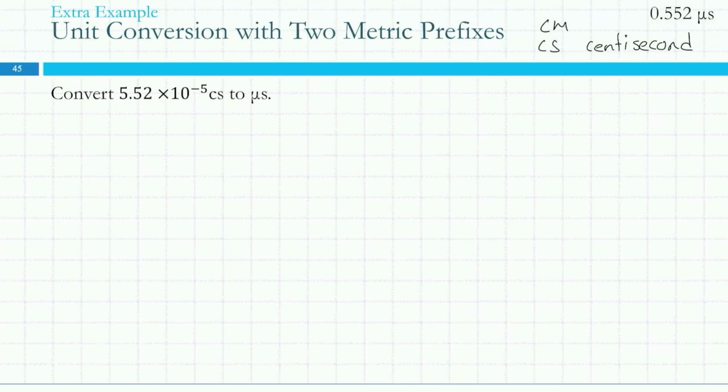So 1 centimeter would equal how many meters? 1 times 10 to the negative 2. So 1 centisecond is equal to how many seconds? 0.01, or 1 times 10 to the negative 2. Same prefix, same power of 10.